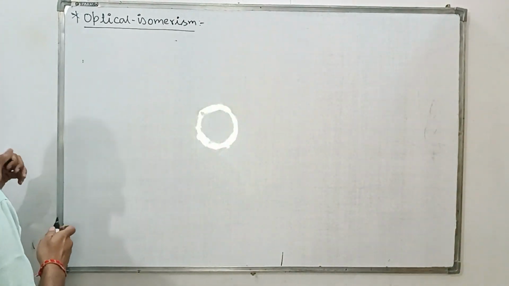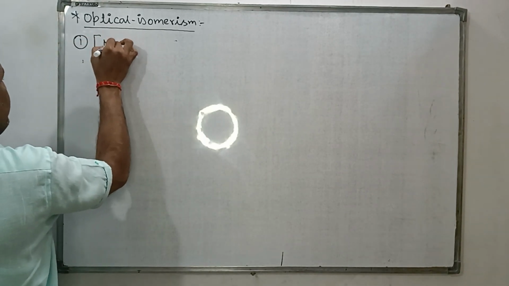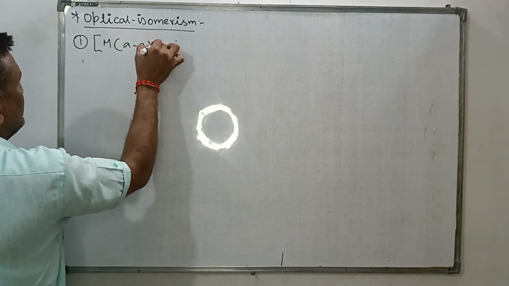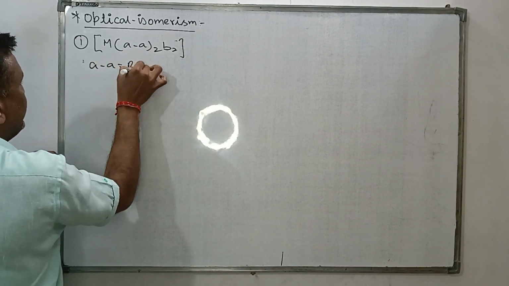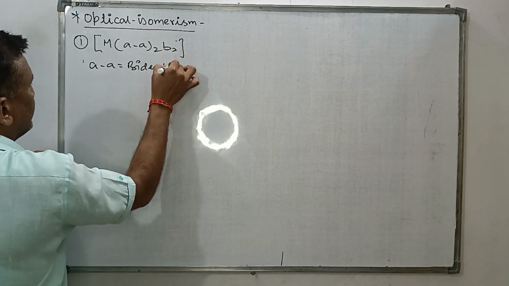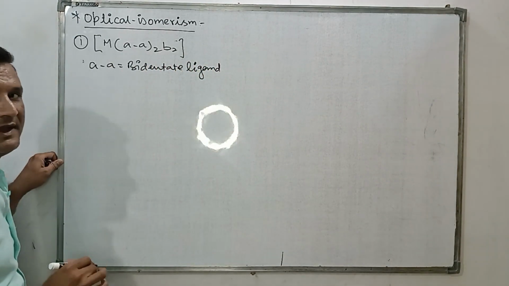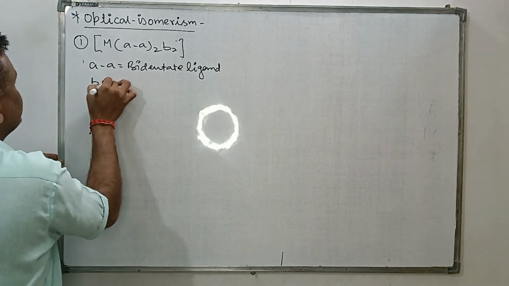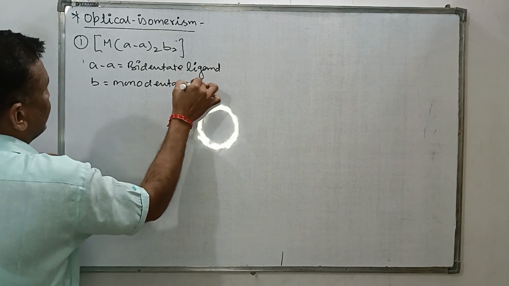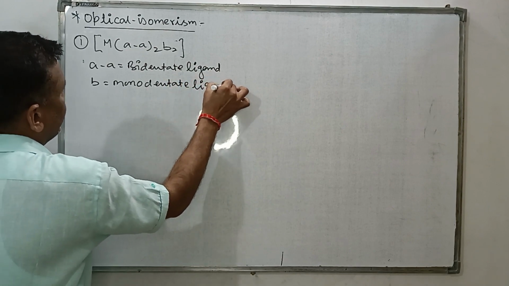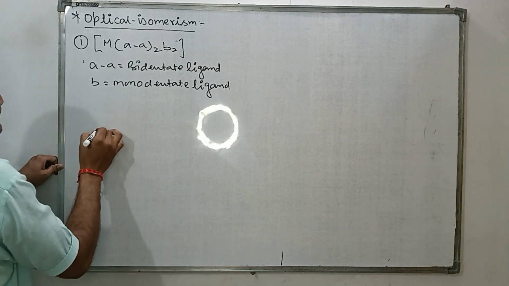In this formula, A-A is a bidentate ligand, and B is a monodentate ligand.